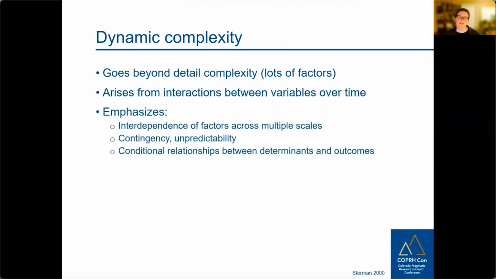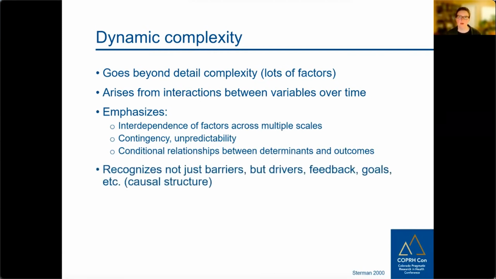And it emphasizes interdependence of factors across multiple scales, a contingency between those factors, unpredictability, and the conditional nature of relationships between determinants and outcomes. And what that means is that sometimes determinants only work in combination with other factors. So when applied to the context of pragmatic research, recognizing dynamic complexity means looking not just at barriers, but at drivers, feedback, goals, various kinds of what we call causal structures.